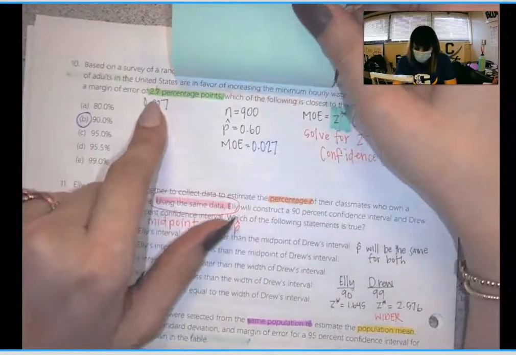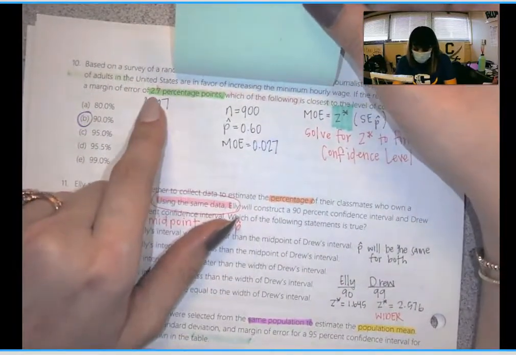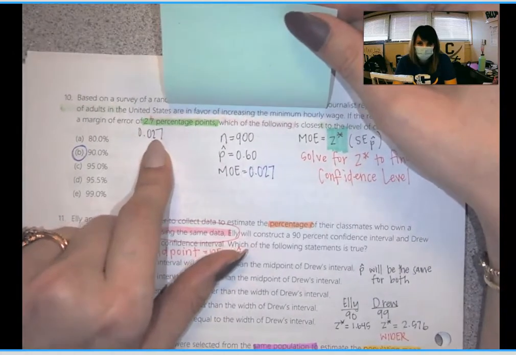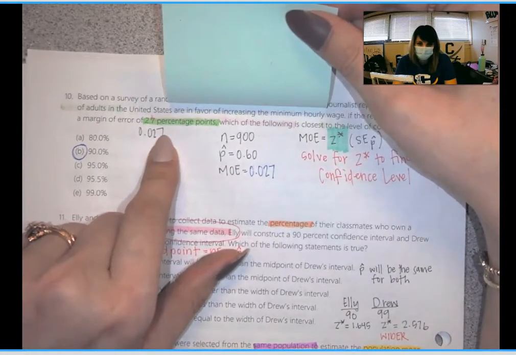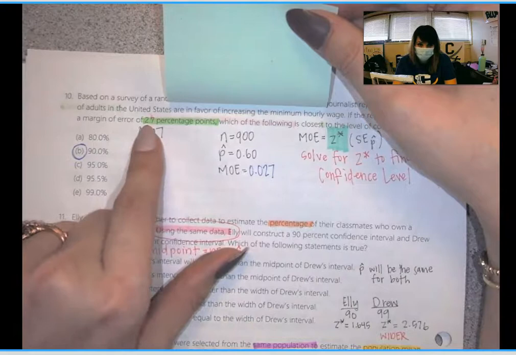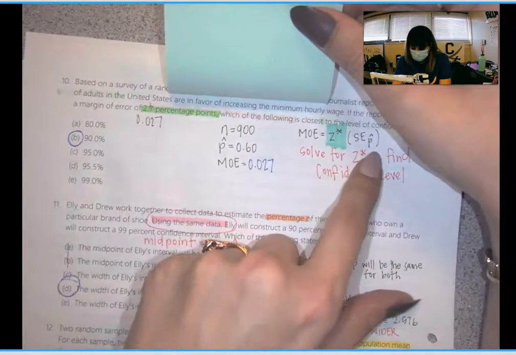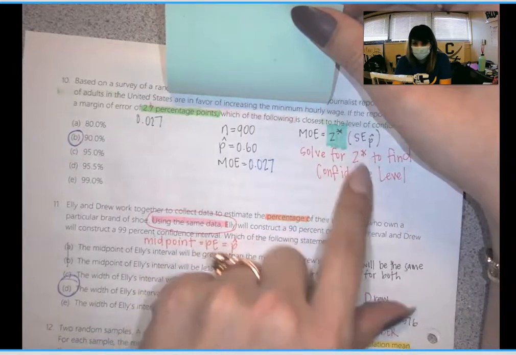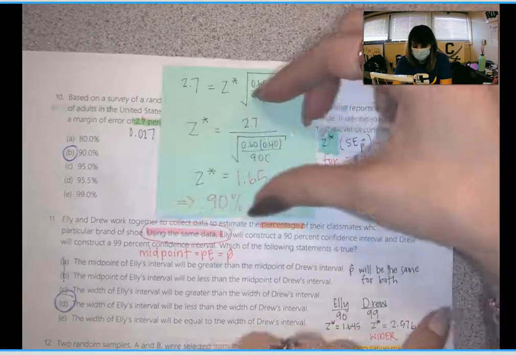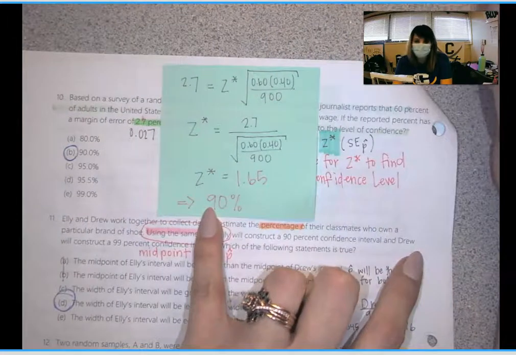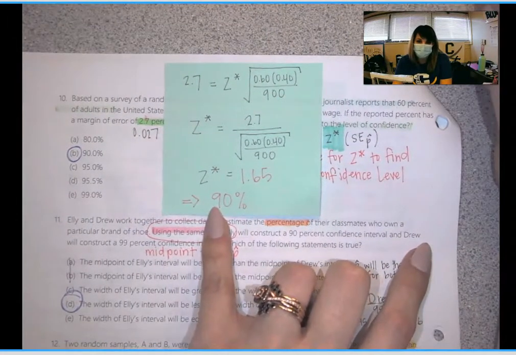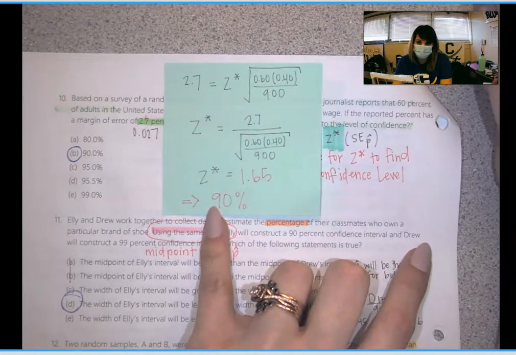So I changed my margin of error to a percent, 0.027. To get that, you could divide 2.7 by 100. This is my formula for margin of error. This is me solving that equation. So I got 90% confidence.